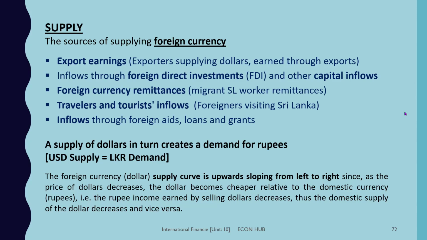How are we doing? Okay, done. On page 23. Now I think we can do this part quickly. Dollar supply, rupee demand.